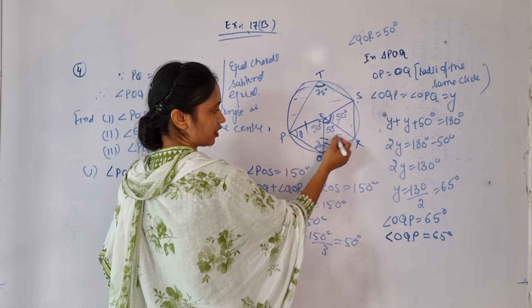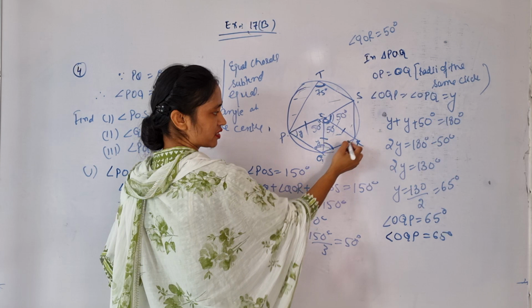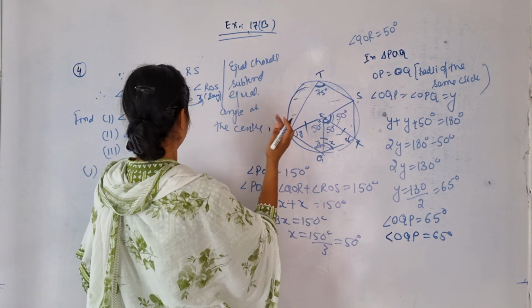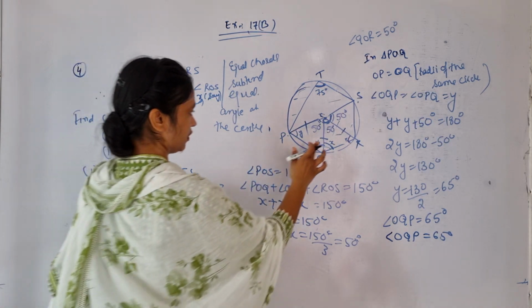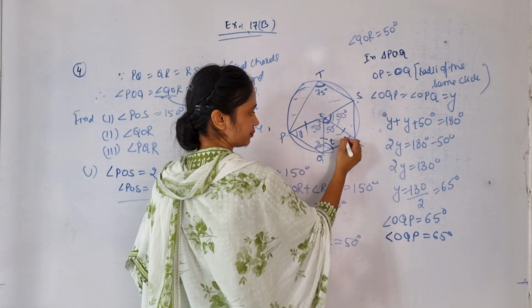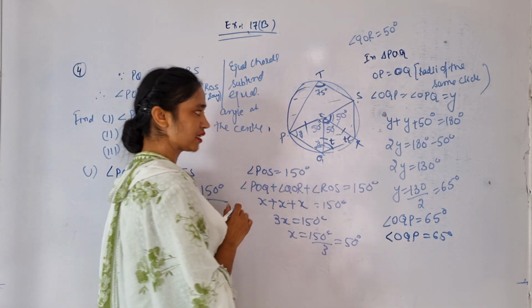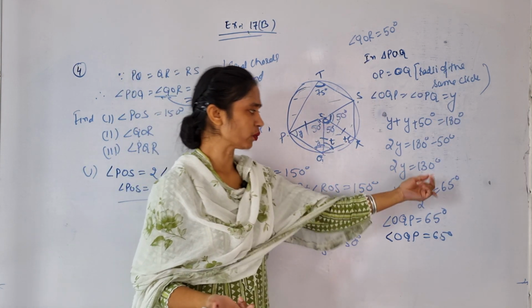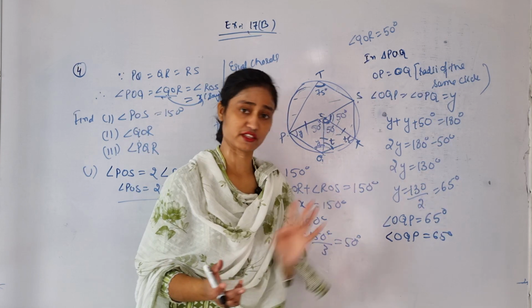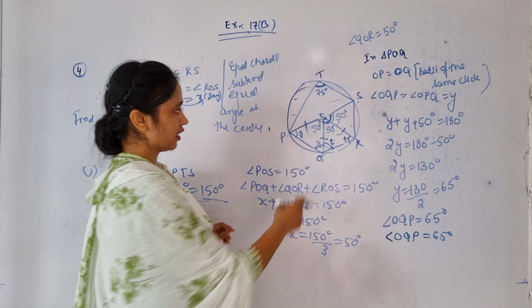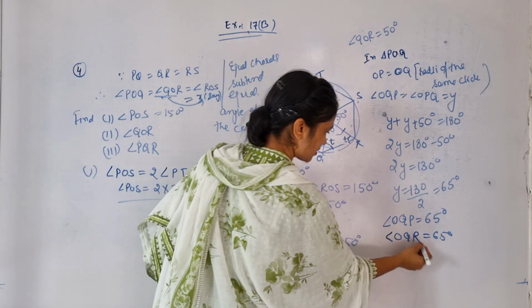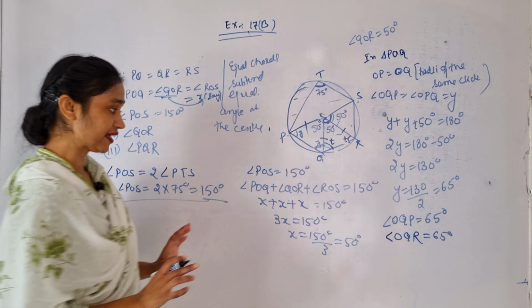Here also these two sides are the same, so opposite angles will be the same. Suppose this is t, then 2t plus 50 is 180, so 2t is equal to 130, and t is equal to 130 by 2, which is 65. In the same way, the other angle OQR you will calculate as 65 degrees.